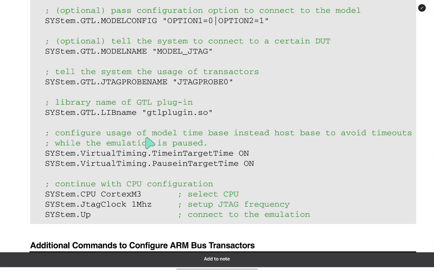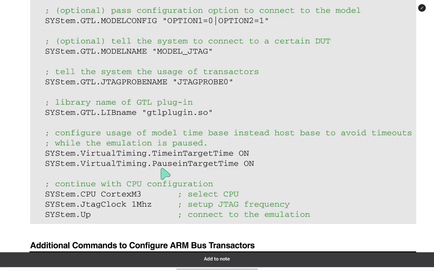Configure usage of the model time-based instead of host-based to avoid timeout while the emulation is paused. SYStem.VIRTUALTIMING TIME in target time on.